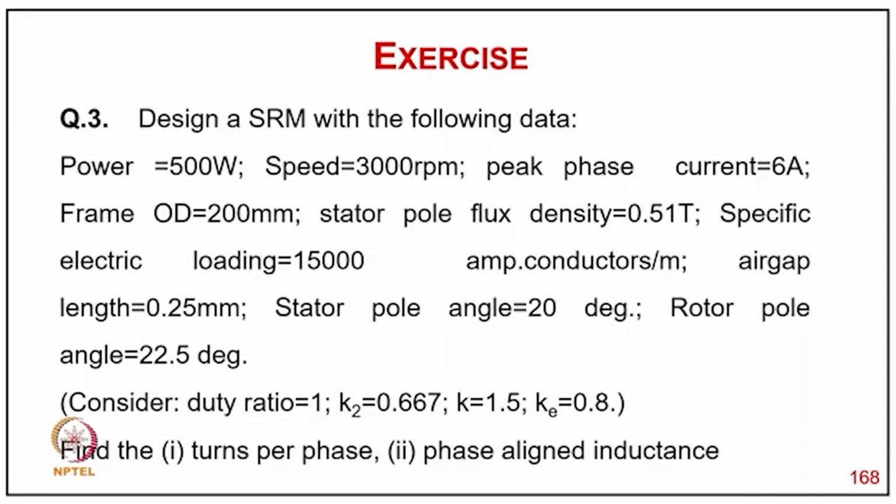Now question 3: design an SRM with the following data: power 500 watt, speed 3000 rpm, peak current 6 ampere, frame OD 200 millimeter, stator pole flux density 0.51 Tesla, specific electric loading 15,000 per meter, air gap length 0.25 millimeter, stator pole arc angle 20 degree, rotor pole arc angle 22.5 degree, and considering the duty, K1 equal to 1, K2 equal to 0.667, K equal to 0.5, find turns per phase and phase aligned inductance.